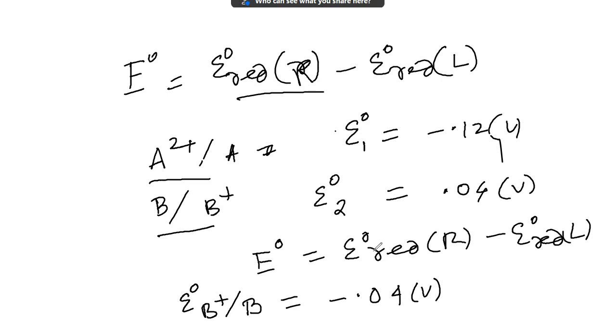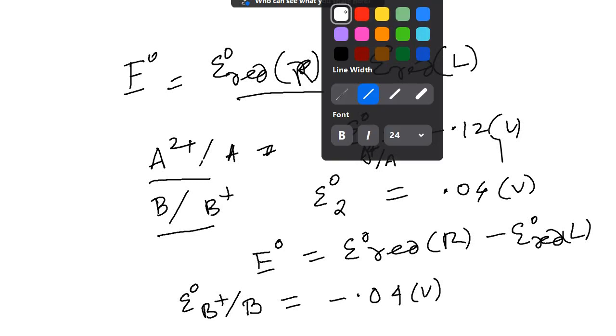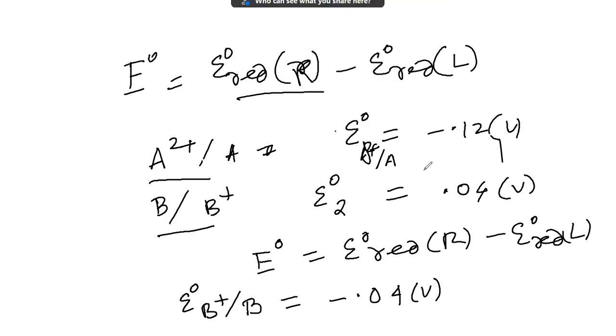So the reduction potentials of the two half cells are: in one case E naught A2 plus to A is minus 0.12 volt. Let us mark it with red color. In another case, it is minus 0.04 volt.